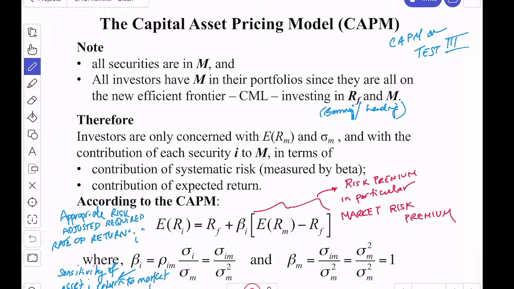Now market returns are captured by that market portfolio. That was representative of a market index, the basket or the portfolio that's used to track the market index.